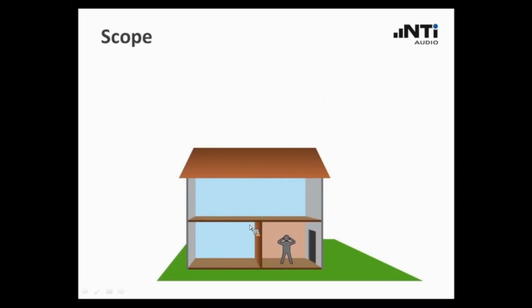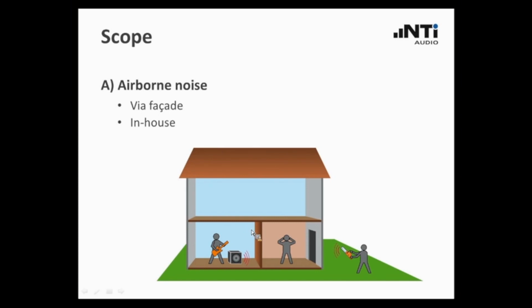Let us first take a look at the two different ways we are measuring sound insulation. The first one would be the airborne noise insulation. Here we have a schematic sketch of a person who is apparently annoyed by incoming sound. The causes can be outside of the building in which he is located or within.